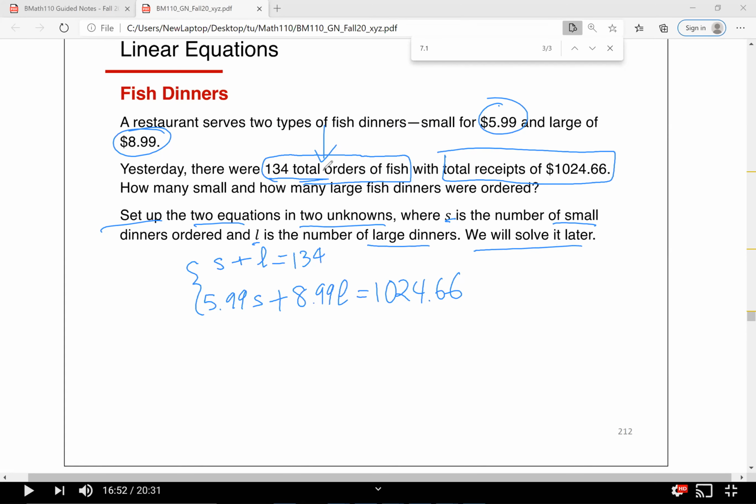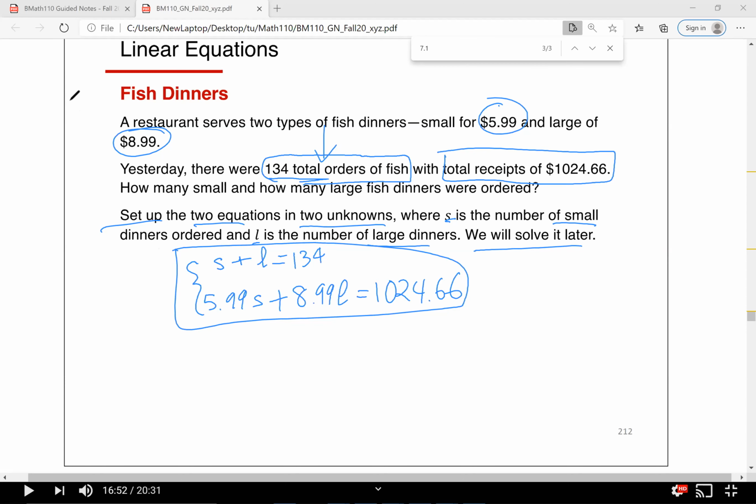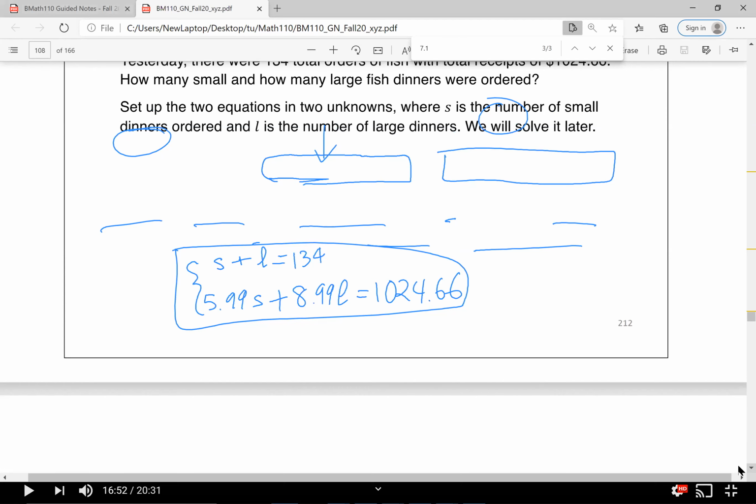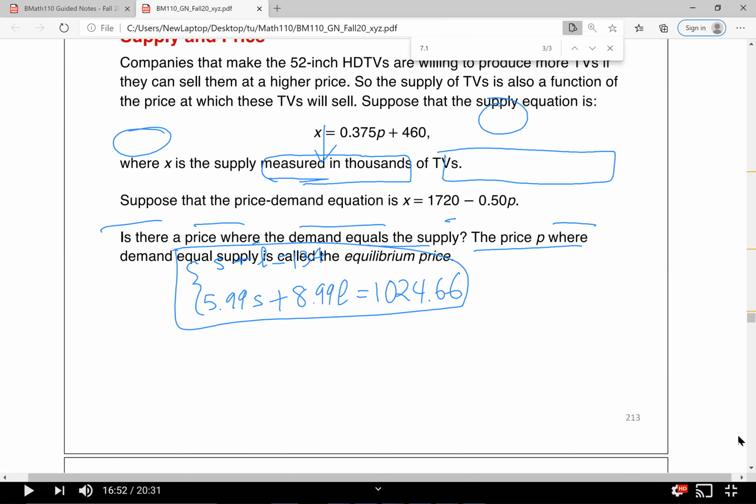So here is the answer. Let's see if down here they want us to solve it. No, they don't need us to solve it, but anyway, that should be the answer.